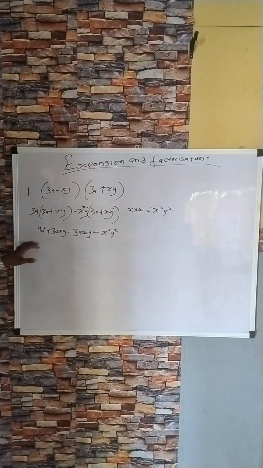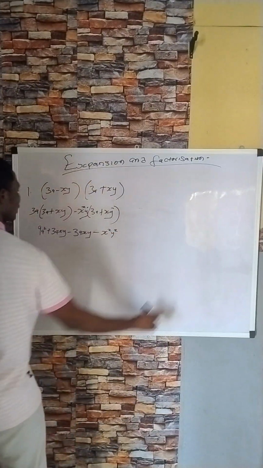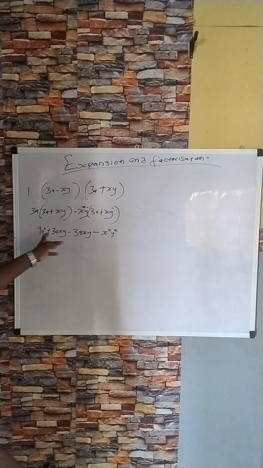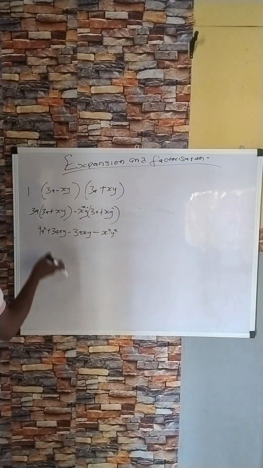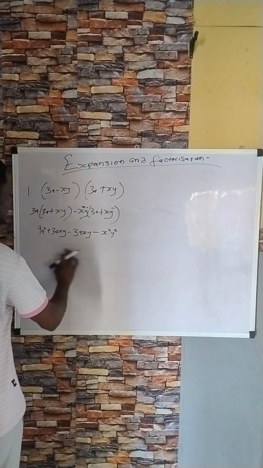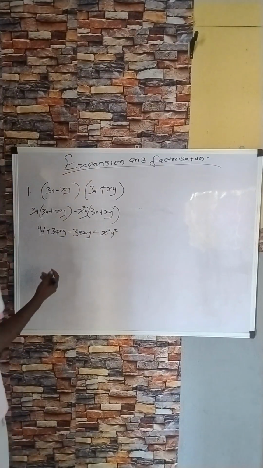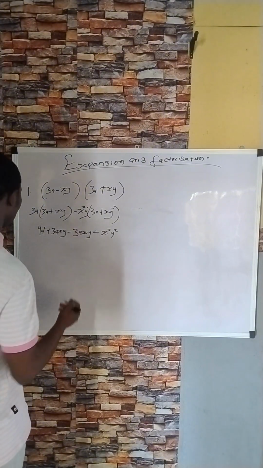Now how do we simplify this? Let's simplify by collecting the like terms in this expression. What like terms do we have here? Plus 3axy and minus 3axy are like terms.